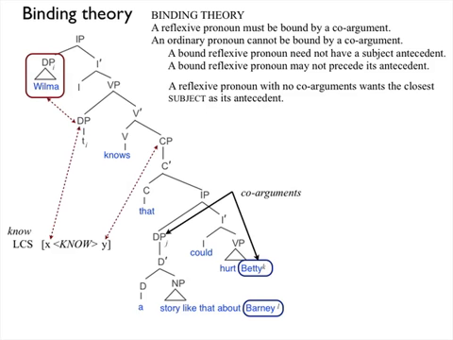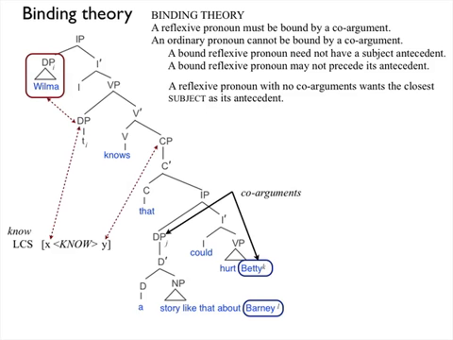So here we have a story like that about Barney would be a co-argument with Betty here, right? Betty is the object of the verb hurt. The subject of the verb hurt is a story like that about Barney. And so we make some predictions here, right?